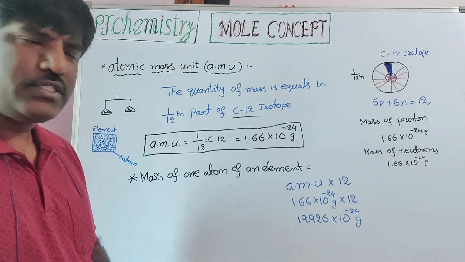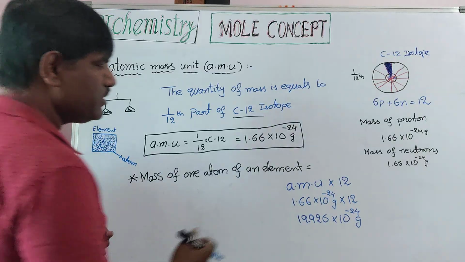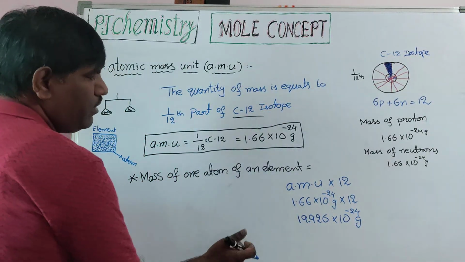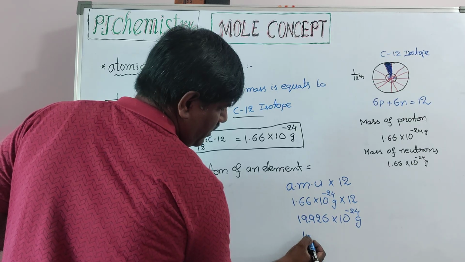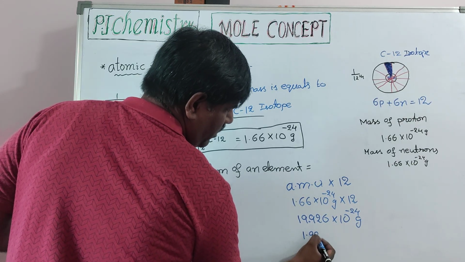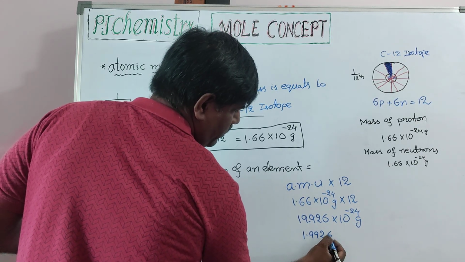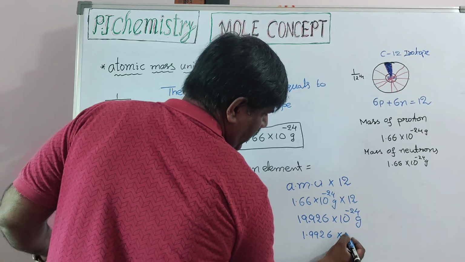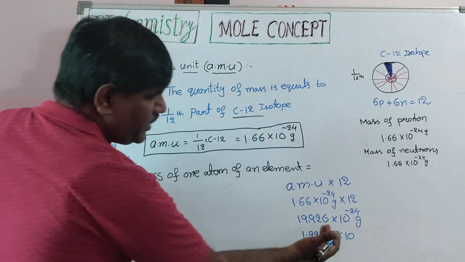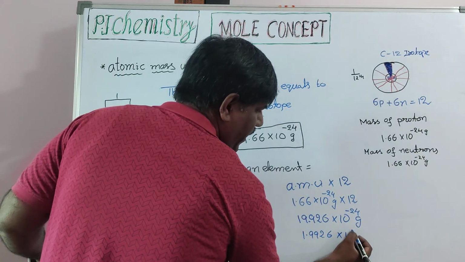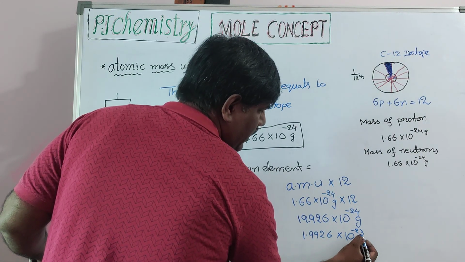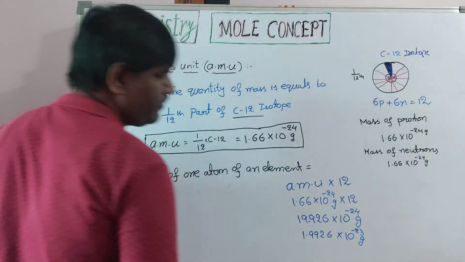For our convenience, we just shift the decimal to the left side: 1.9926 into 10 to the power of minus 23 grams.